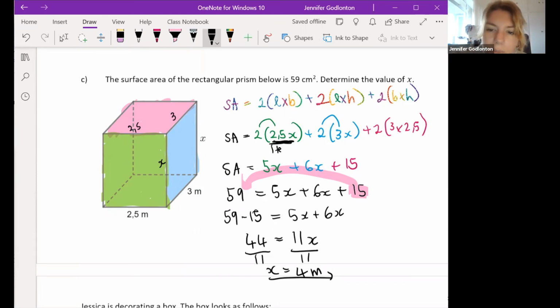This is one term because they're being multiplied together. So it's not all of our sides. It's just our green side and our blue side. Our pink side doesn't have an x in it, but our blue side has an x because this height here is an x. This height here is an x. So wherever we have a height, we're going to have x.